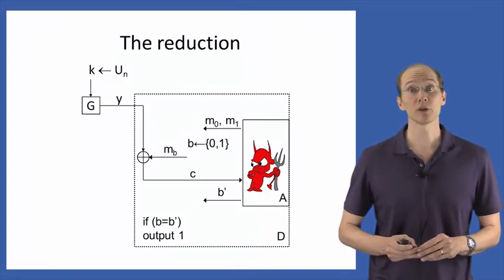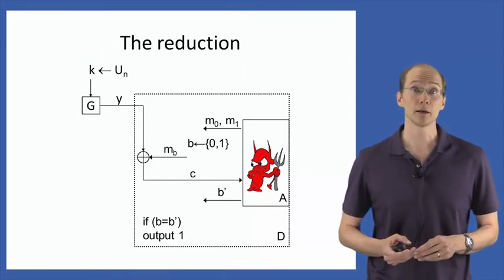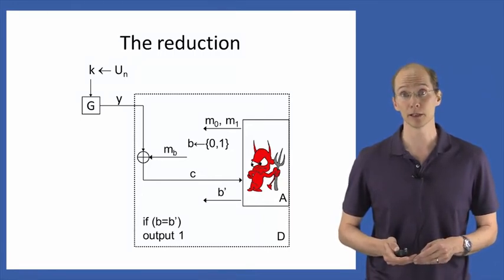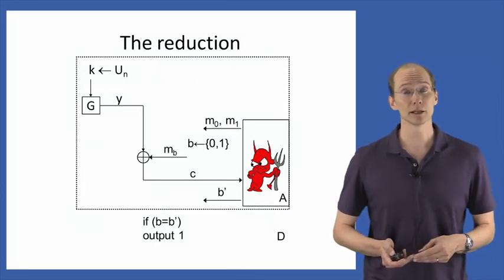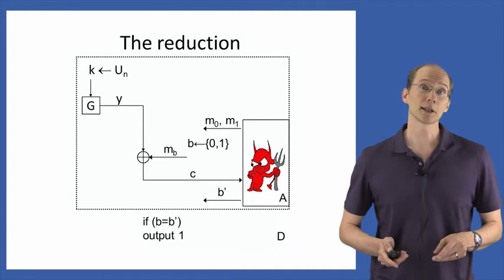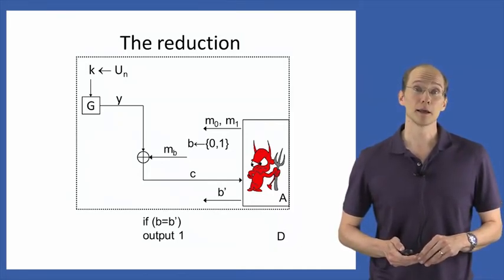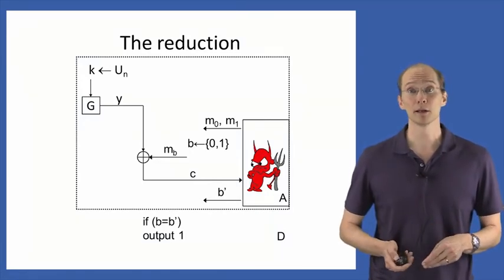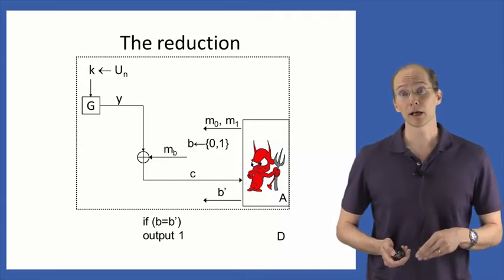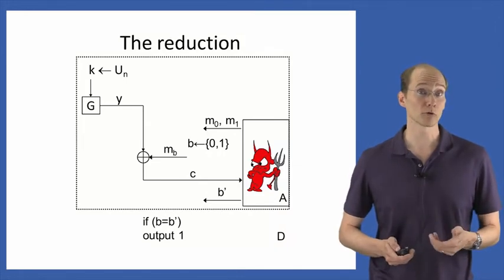We're working under the assumption that y is sampled by choosing a uniform seed k, running it through G, letting the output be denoted y, and feeding that in as input to D. If we draw our box a little bit differently, we see that this top box corresponds exactly to an experiment where A outputs 2 messages, a uniform bit is chosen, and then M sub B is XORed with this string y.